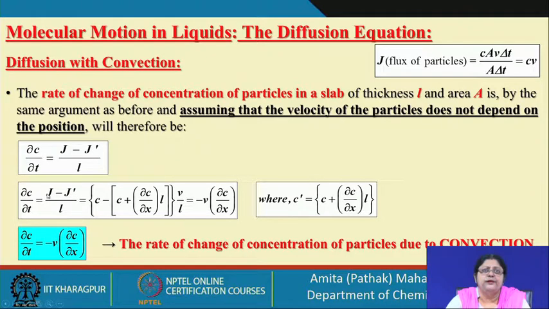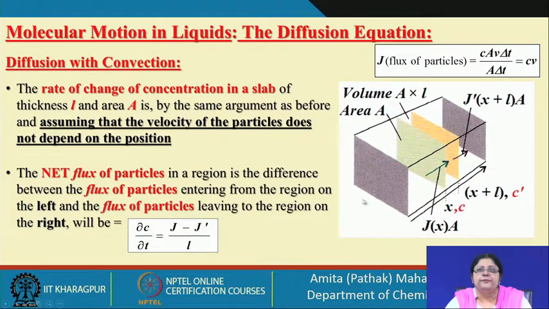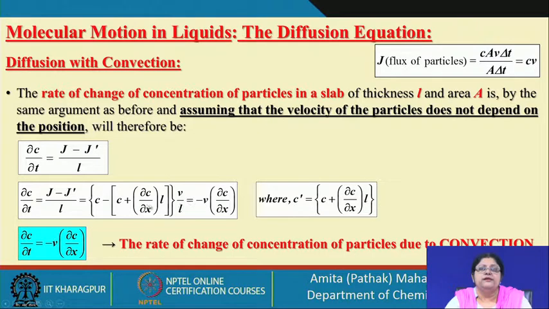You have J at x, J at x plus L, so J at x minus J at x plus L, divided by L. J is nothing but C into V. So, we take V and L common; they are not changing with the concentration, so they can be taken out.